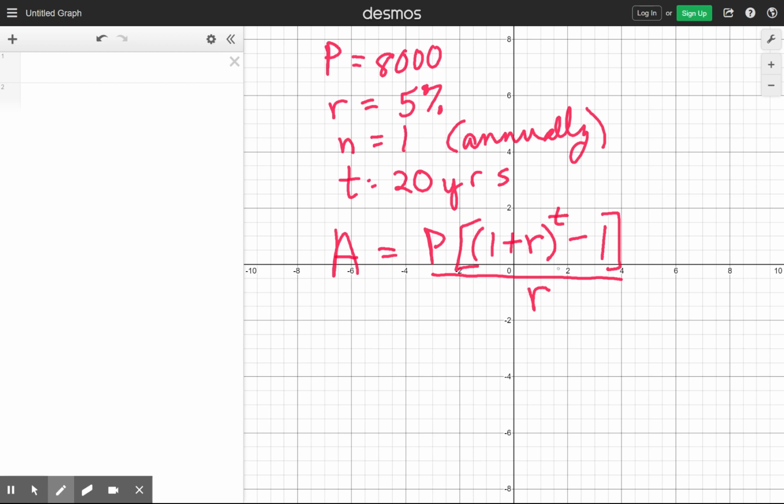And so when you're dividing by 1, it's just the same as that number that you started with. And so you don't even have to include any N's in your formula. So it's a simpler computation if it is annual compounding.